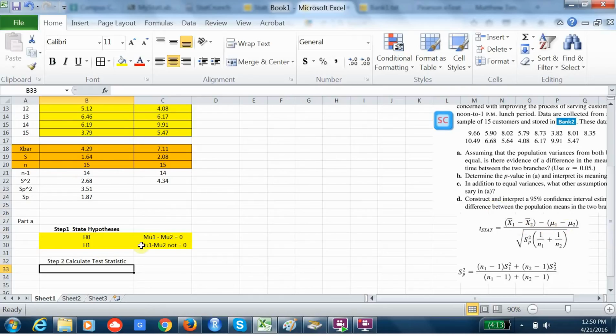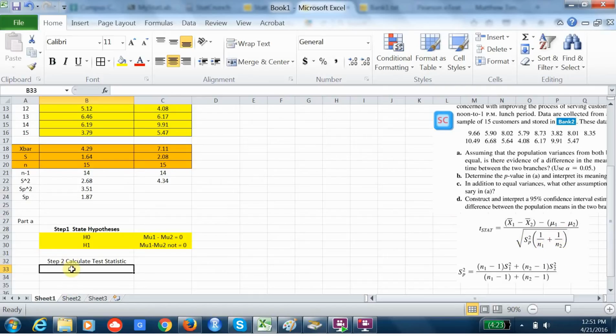This is 0 because this is what's going to be on the right-hand side for the hypothesis test. So we know that in general, this difference is going to be d. This is basically what we would call d. Okay, so mu1 minus mu2 is equal to 0. This would be this quantity here. Okay, so it's going to be 0. And then I'm just going to divide by the pooled variance divided by n1 plus the pooled variance divided by n2 and take the square root of the whole thing.